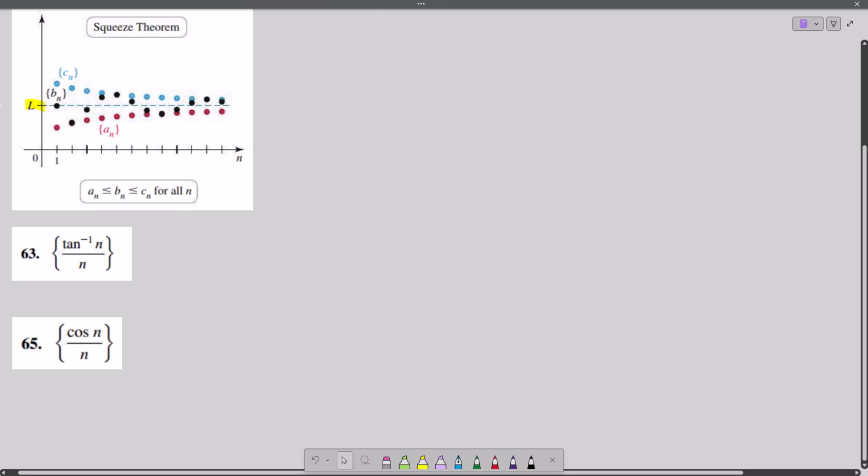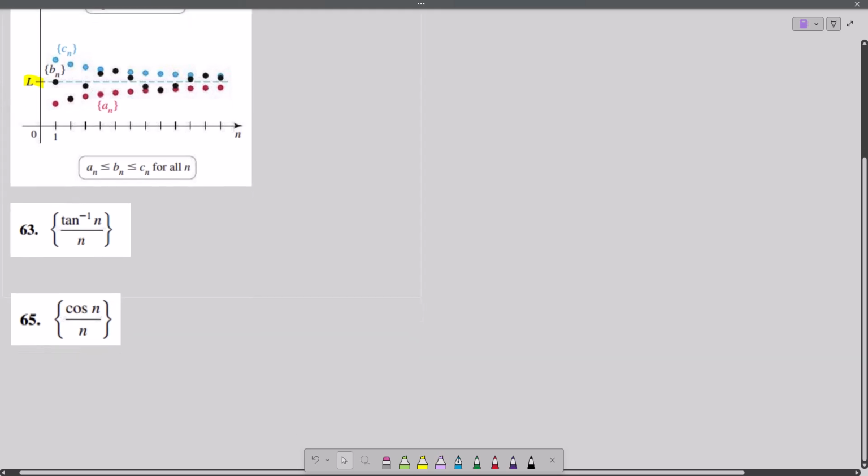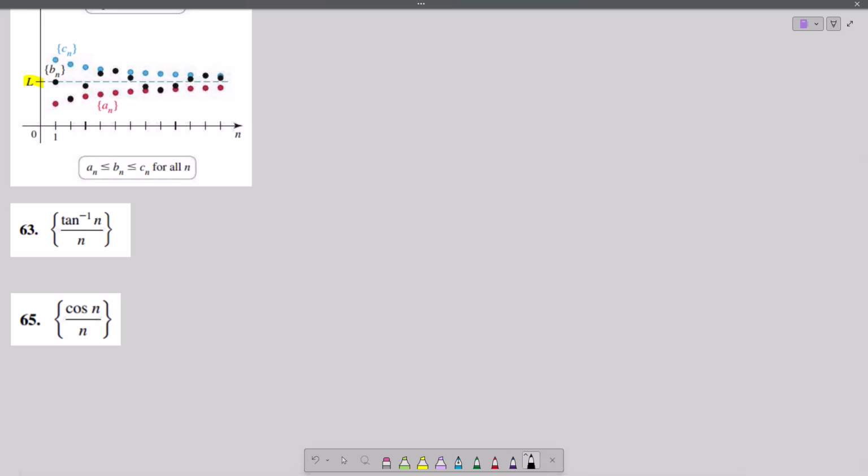So in practice, when we're using the squeeze theorem, here are a couple of examples. You typically need a function that is bounded in order for the squeeze theorem to work. In this example, if we look at arctangent, we know that arctangent is always a number that's in between pi over 2 and negative pi over 2.